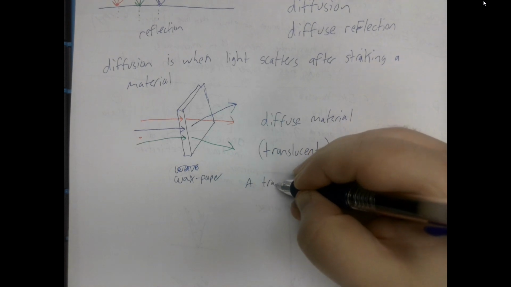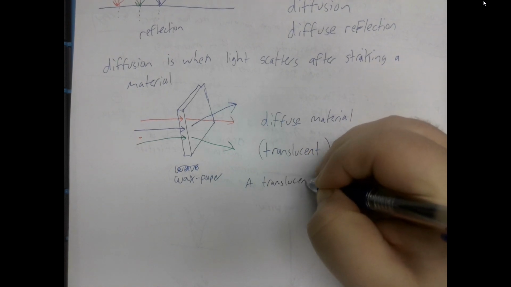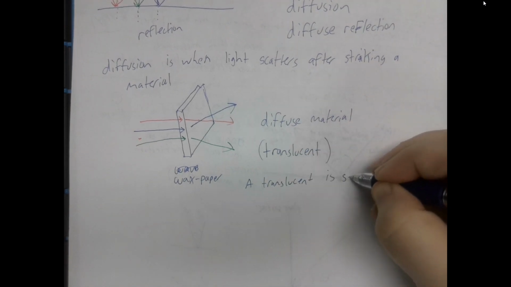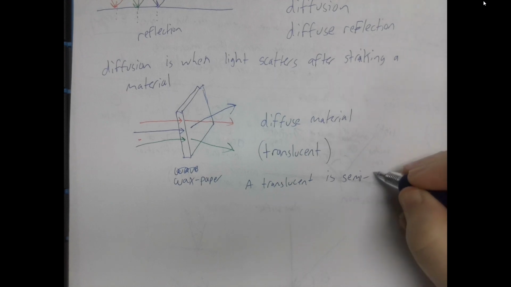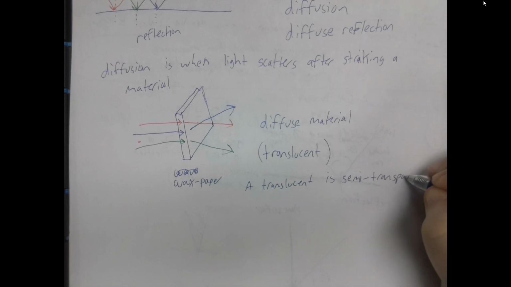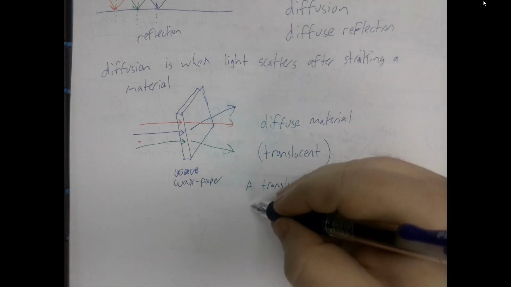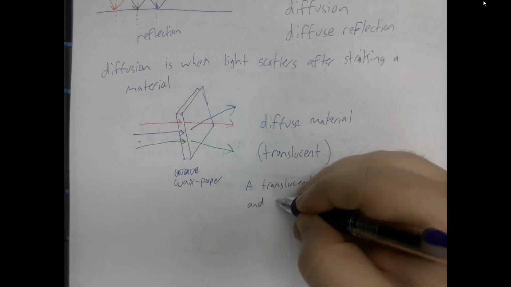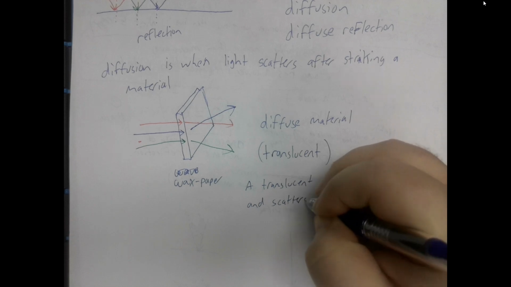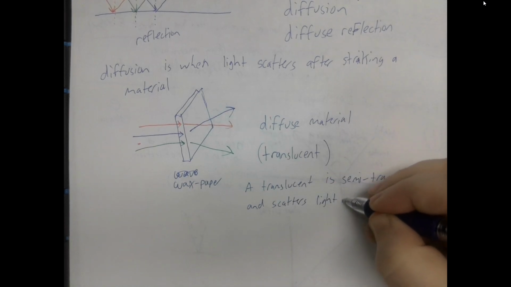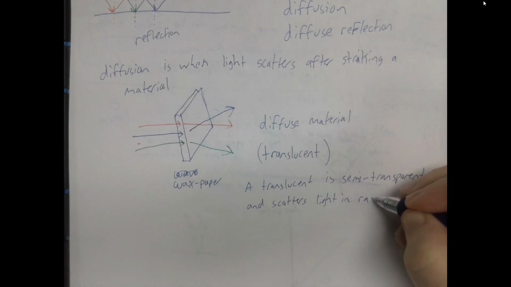A translucent material is semi-transparent, meaning light can partially go through it and scatters light in random directions, so it's diffuse.